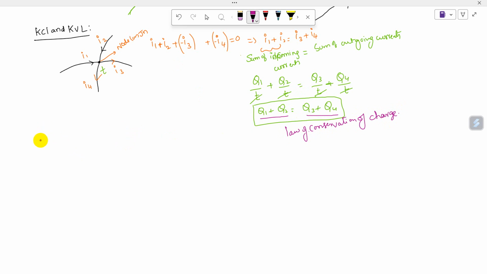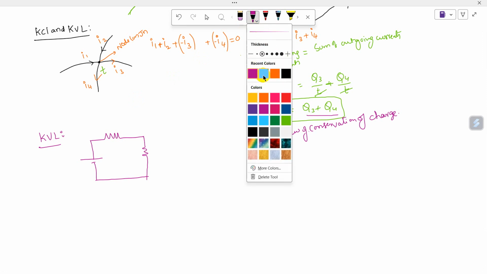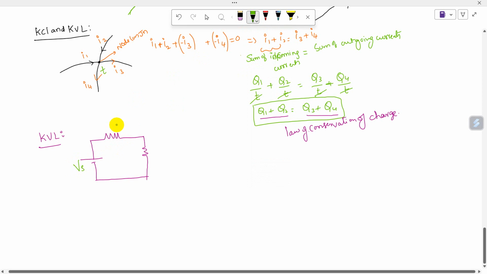Now coming to the KVL, consider a loop having a source V like this. Now my source voltage is given by some voltage Vs, and these are the elements R1 and R2.